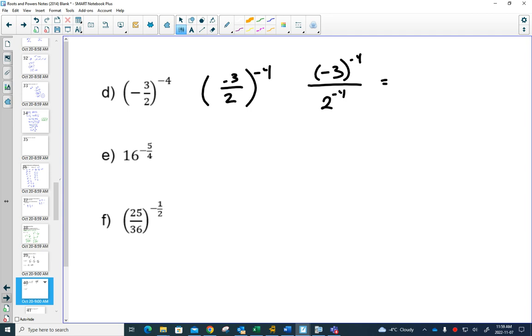Which then means on the top of my fraction I'd have 2 to the 4. On the bottom of my fraction I'd have negative 3 to the 4. And 2 to the 4 is 16. And 3 to the 4 is 81. And a negative 4 times is positive.